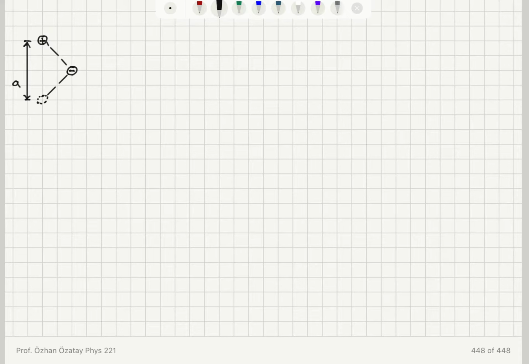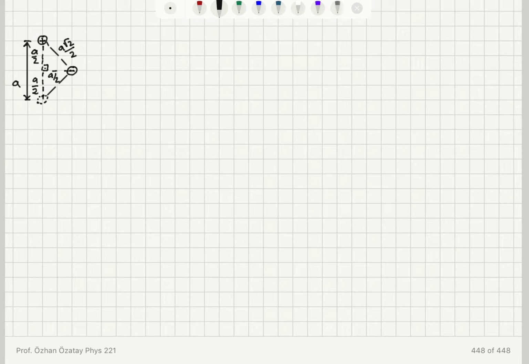Since this is part of a cube, by completing the right triangle here, I can see that the distance between the negative ion and positive ion, because this is a over 2 and a over 2 here, will be a square root 2 over 2.